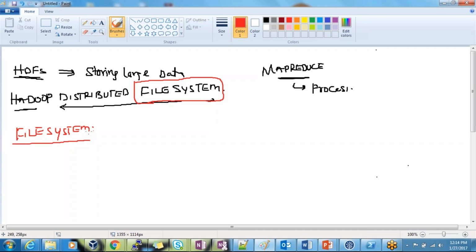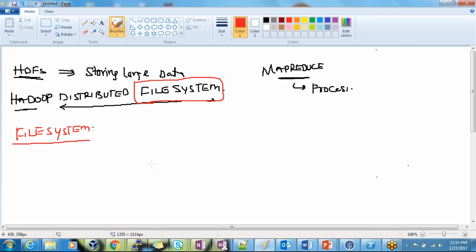Put in a very simple way, a file system is the way your files and directories are placed in a storage device, the way of storing and retrieving data from the hard disk. It is used by your operating system.